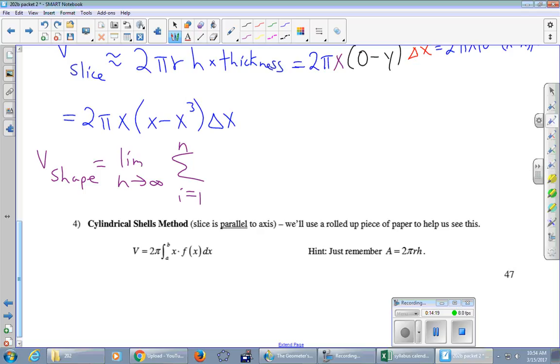That was the hard part. 2 pi x, x minus x cubed, delta x. What's the only thing we need to change when we write that formula? Just to put i's on the x's. I there, I there, I there. The delta x never gets an i. It's just the width. We're not counting that.